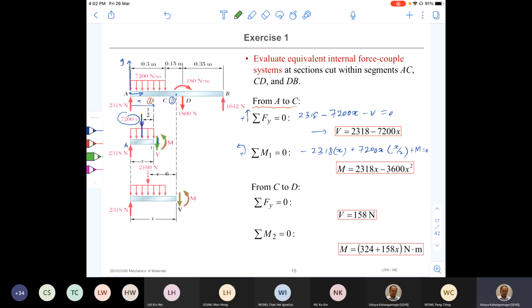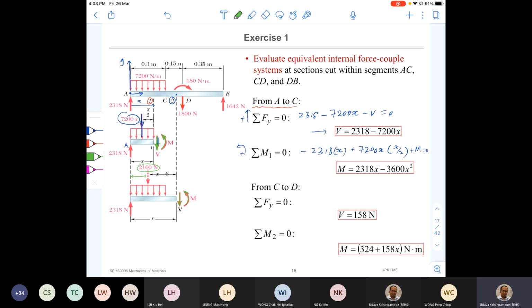Okay, I can see a mistake here, right? So here, the load of 2160 is applied right at the middle of the distribution, right? Therefore, this length here, previously how much? 0.3 meters.